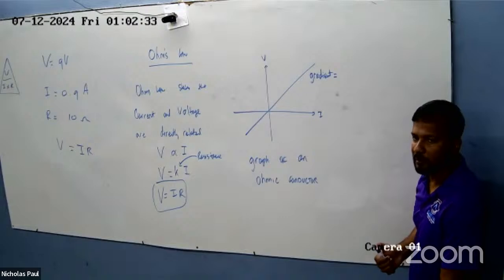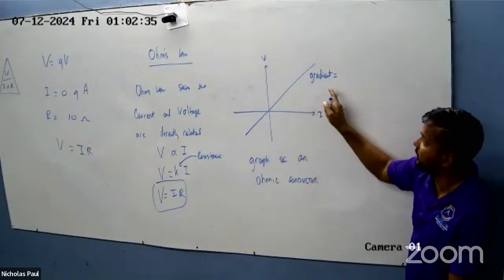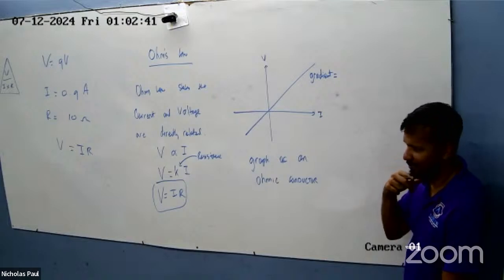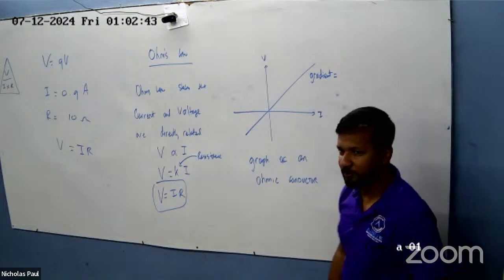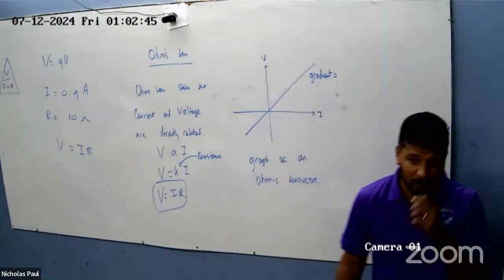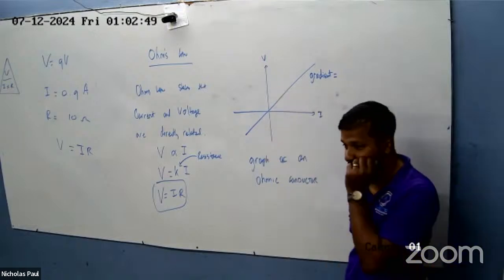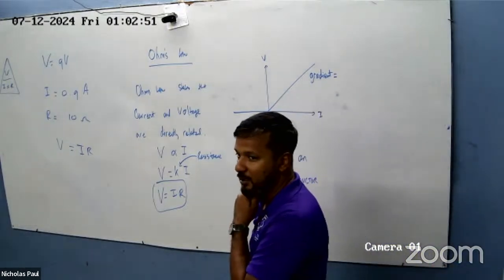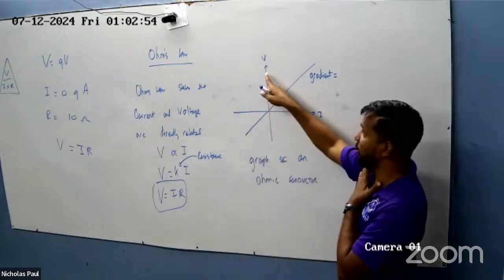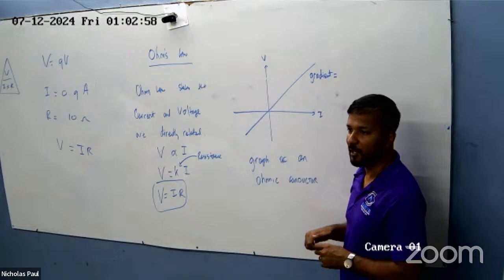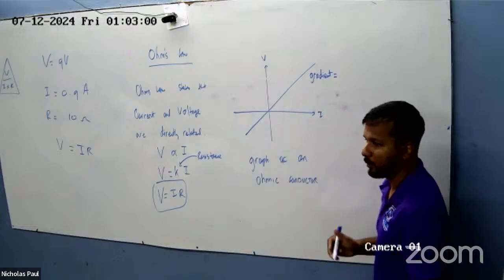Think about it. If you find the gradient for a graph like this, what is it equal to? It's not a value because I didn't give you any values. It's a quantity. What does the gradient for a voltage versus current graph look like? Think about it.